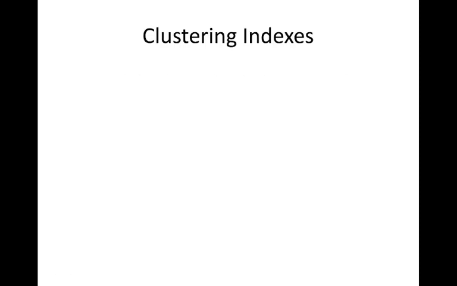Then the second type of indexing is called the clustering index. If the file records are physically ordered on a non-key field, which is not a candidate key, then we do not have a distinct value for each record. For example, if we are sorting students by department, department is not unique.